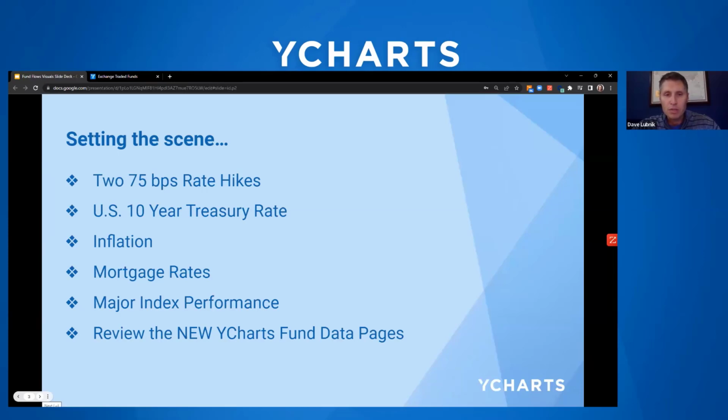With that, inflation was all over the place, up and back down a little bit and then back up. Mortgage rates increased significantly throughout the quarter from about 5.5% to nearly 7% at the end of September. And we've seen that drift higher since then. The VIX, again, elevated, peaking in the low to mid 30s, which is quite elevated for that indicator. And overall market performance was pretty poor.